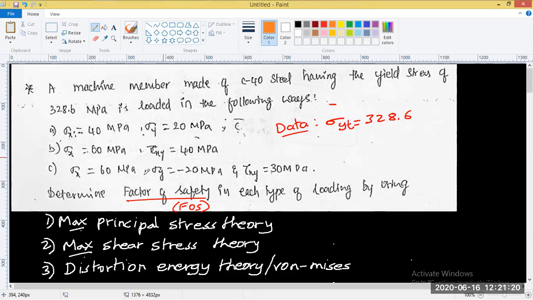So I'll skip the second one. You can practice that, and I'll do the third one. I'll tell you how to do the third one so that you can easily perform this operation on the second one. Okay. So I'm taking this third case.